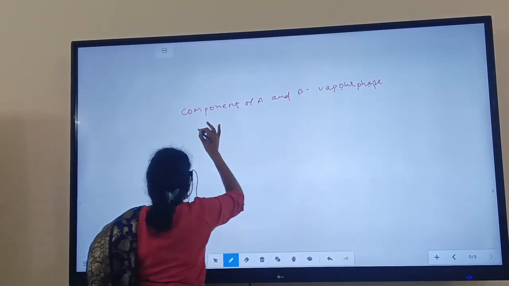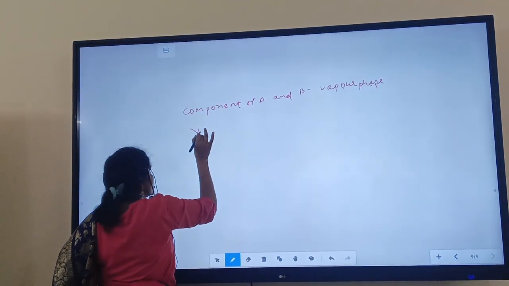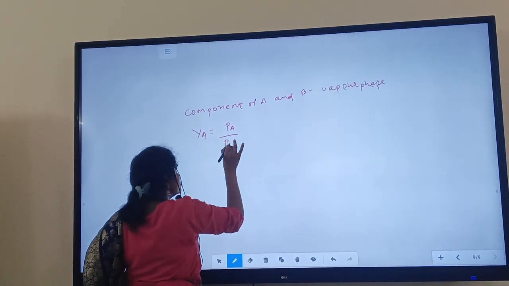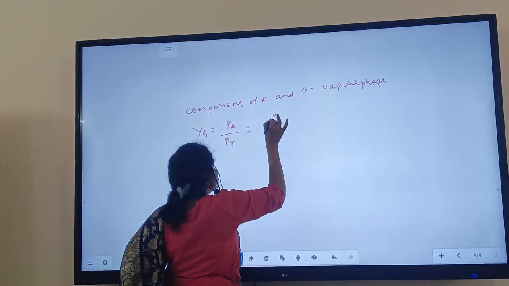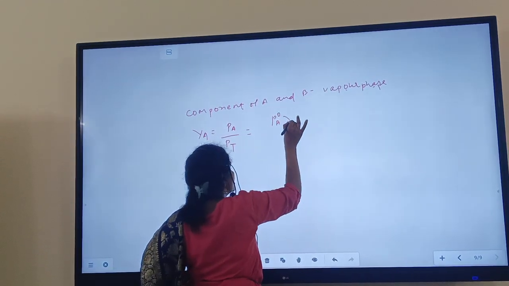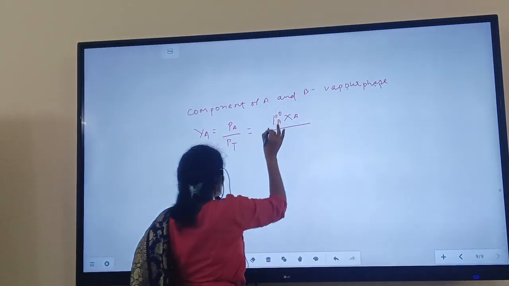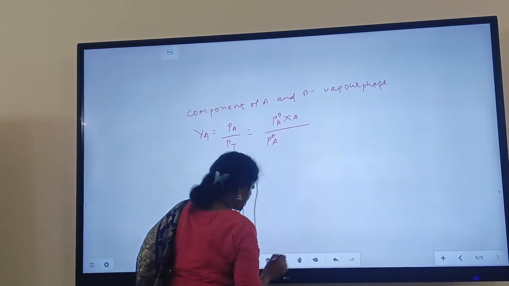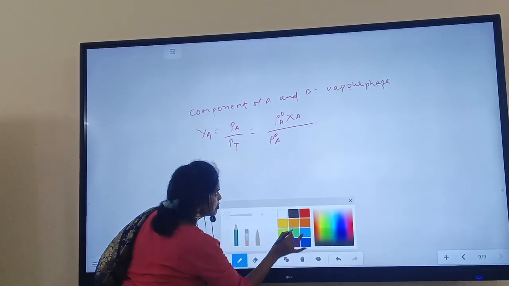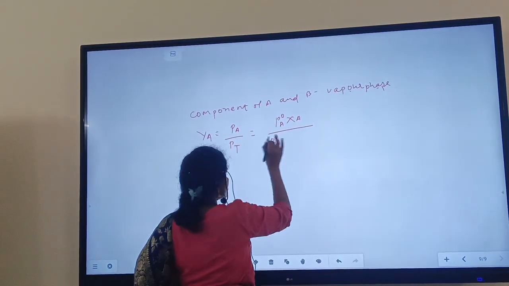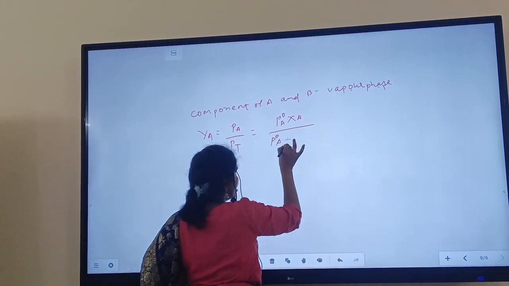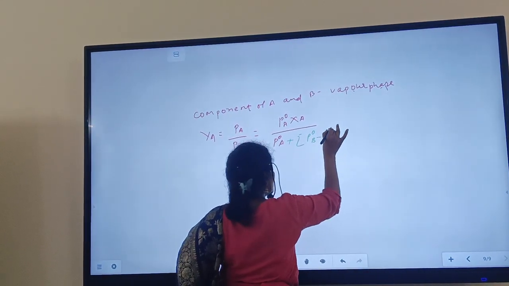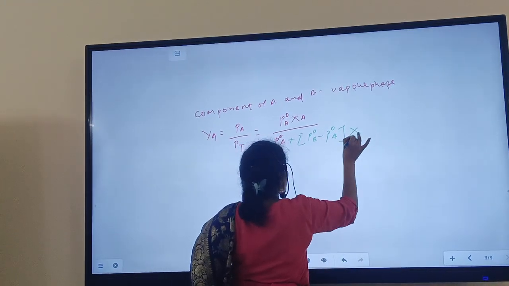Here YA is equal to PA upon P total. From here, P naught A into XA upon P total, where P total previously we have written as P naught A plus P naught B minus P naught A into XB.